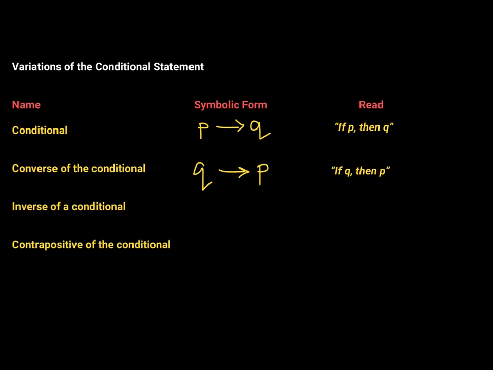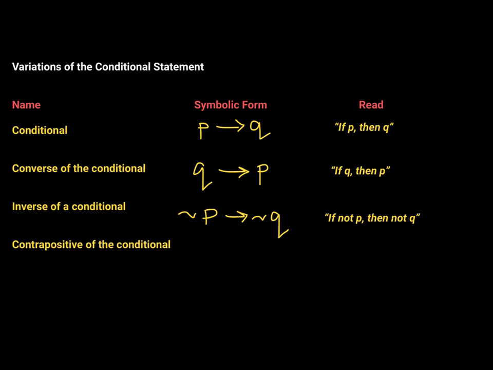Now, the inverse of if P, then Q means you're going to negate the antecedent and also negate the consequent. So in other words, the inverse of the conditional would be if not P, then not Q.